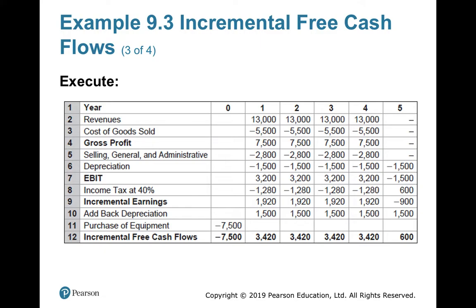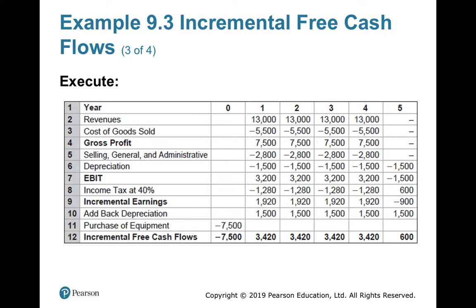If working capital information is not provided, then up to now the incremental free cash flow will be, in year 0, minus 7.5 million, purchase of equipment. Year 1 to year 4, 3.42 million. And in year 5, it will be 600,000 positive incremental free cash flow.